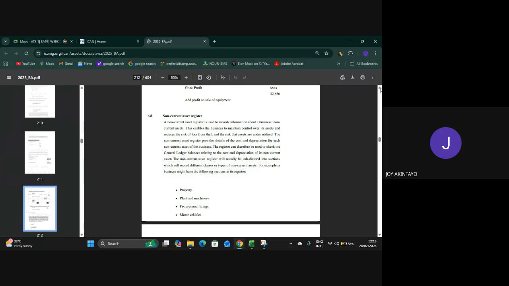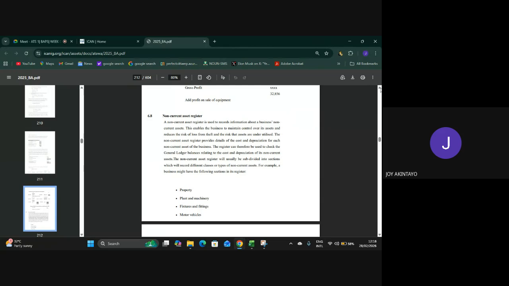The non-current assets register is a record we use in keeping records of our non-current assets, for us to track all our items of non-current assets at the end of the period.